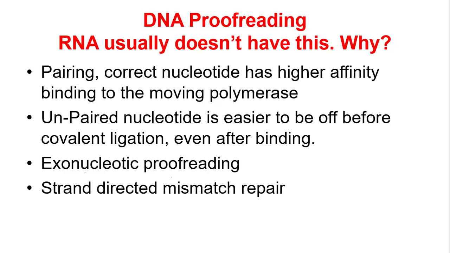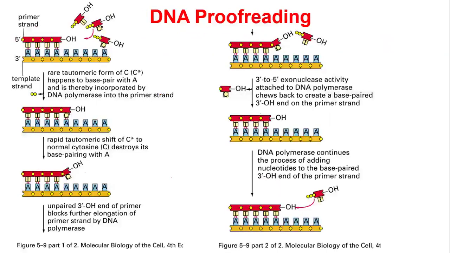And that is why pairing correct nucleotide has high affinity binding to the moving polymerase. Paired nucleotide is easier to be held on before covalent ligation. Exonucleolytic proofreading and then strand-directed mismatch repair are all the things that can actually be done. So the proofreading sequence is actually shown here.